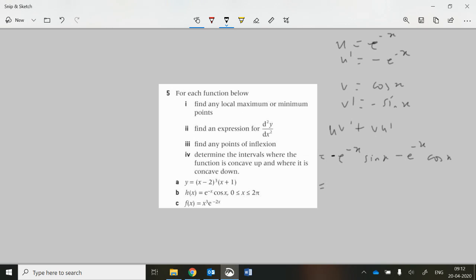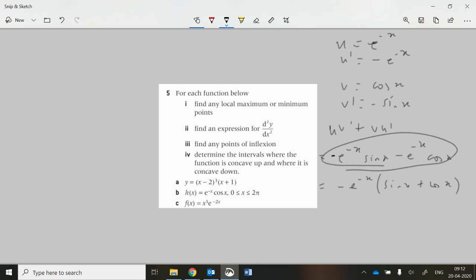And you can see that this one, you could factorize out your minus e to the minus x there if you wanted to, and then you'd be left with sine x plus cos x.